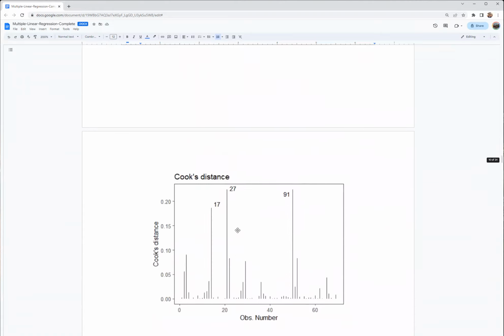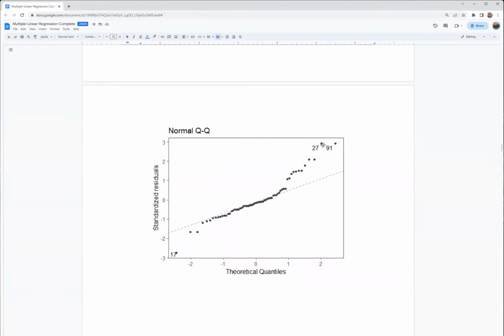I wouldn't say anything super concerning here. If we could exclude these points, observations 27, 91, and 17, it would be chef's kiss, good to go. It would look great. But there's a little bit of questionable outliers here.